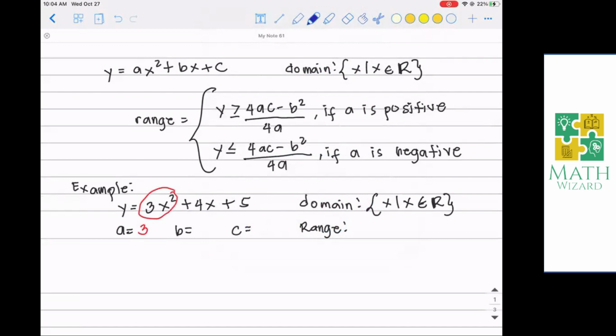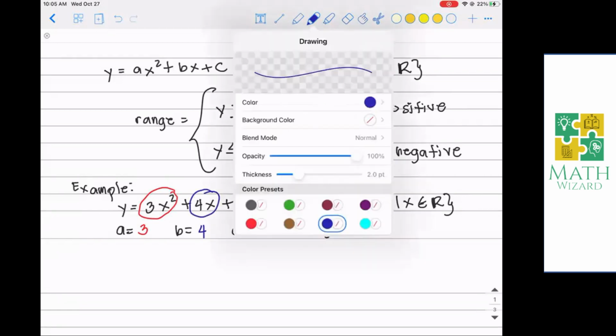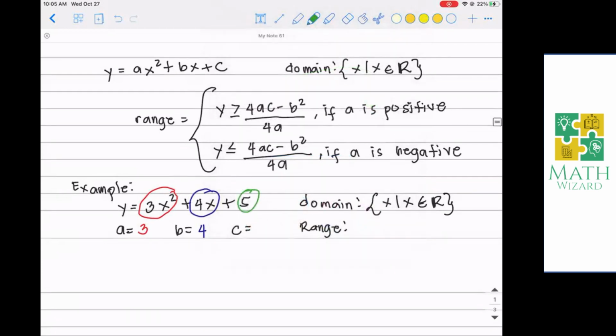Yung letter B, ito yung coefficient ng variable x, yung walang square. So this is equal to 4. Now, yung letter C naman, ito yung constant, which is 5. So A is equal to 3, B is equal to 4, and C is equal to 5.